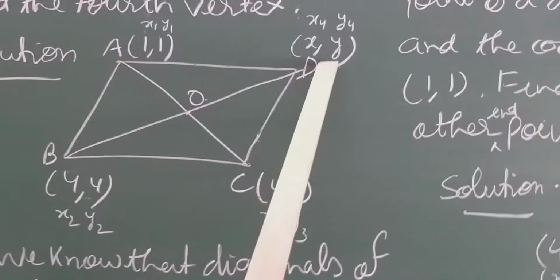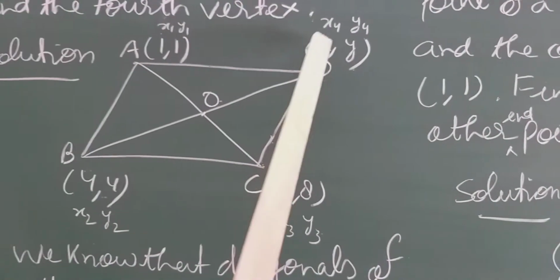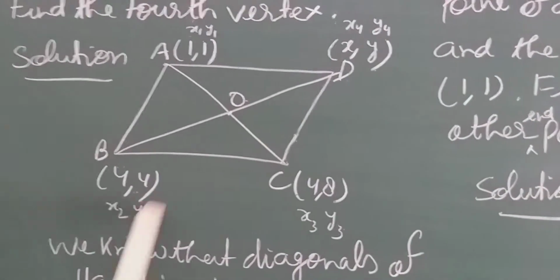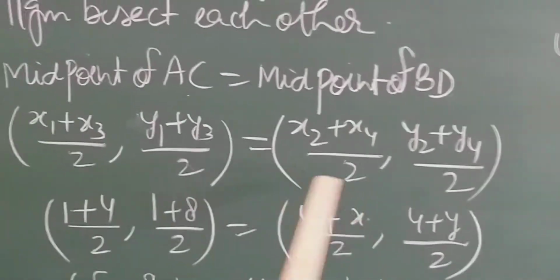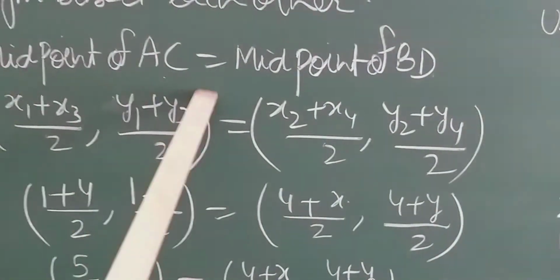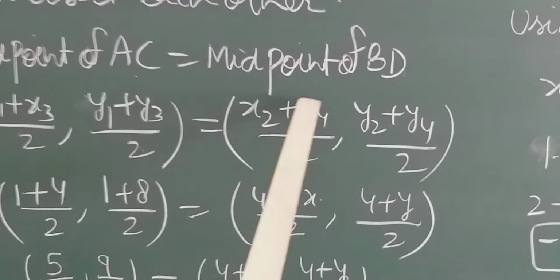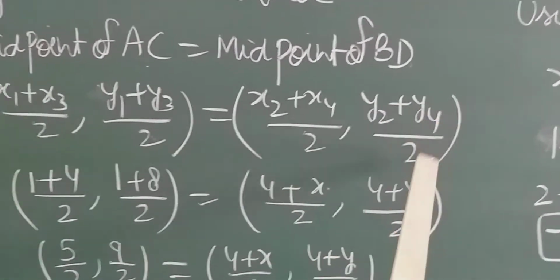Similarly, for BD, student, we can write (x2 plus x4) upon 2, (y2 plus y4) upon 2. So I have written here (x1 plus x3) upon 2, (y1 plus y3) upon 2 for AC, and for the midpoint of BD (x2 plus x4) upon 2, (y2 plus y4) upon 2.